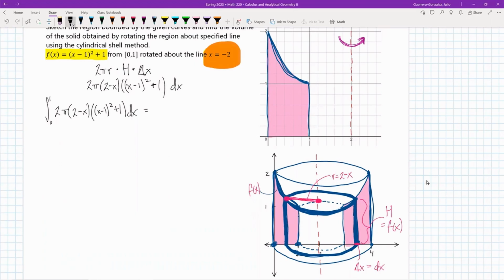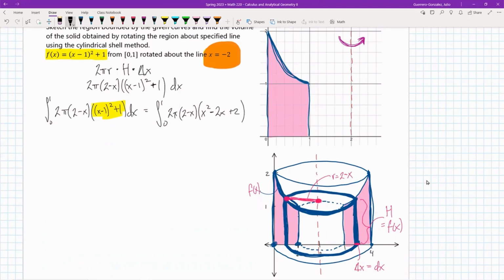I'm going to expand this little bit right here. You guys can solve this however you need to. I'm going to go ahead and expand how I see it, how I like to do it. 2 pi times 2 minus x times x minus 1 squared plus 1. That's going to be x squared minus 2x plus 2.